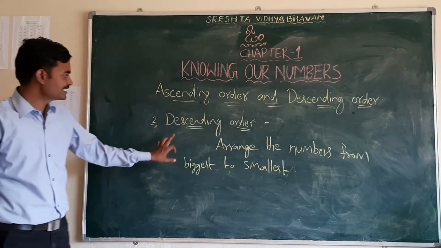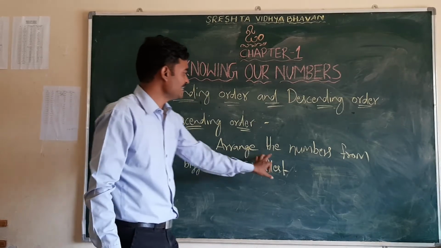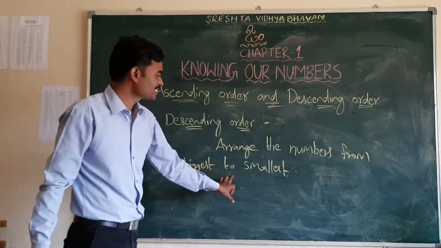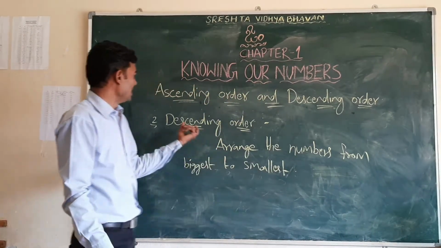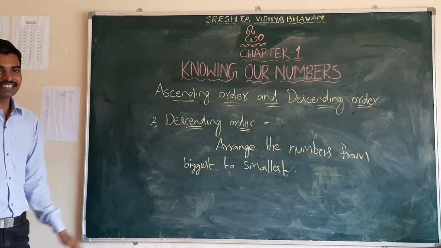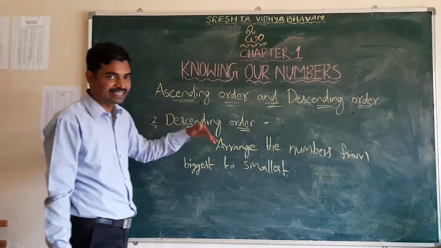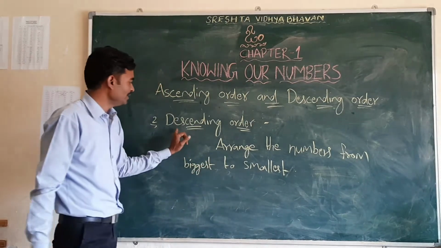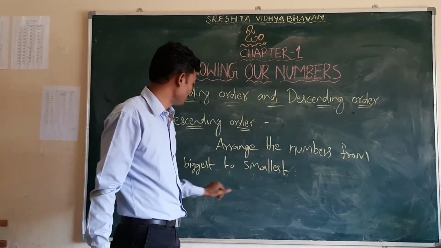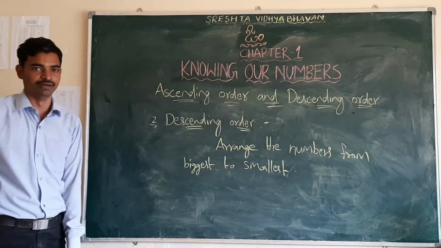Okay. Now in the descending order, we have to arrange the numbers from biggest to smallest number. The descending order is a decreasing order, and the ascending order is an increasing order.